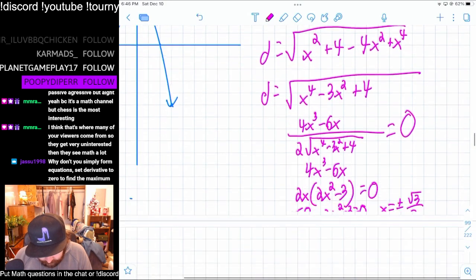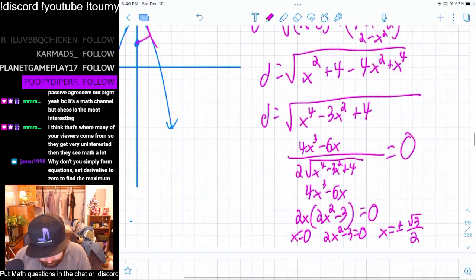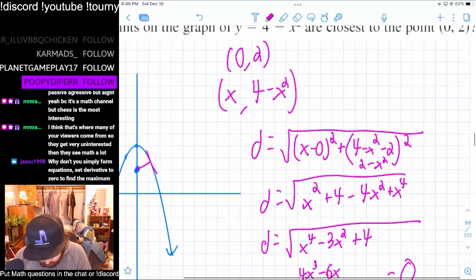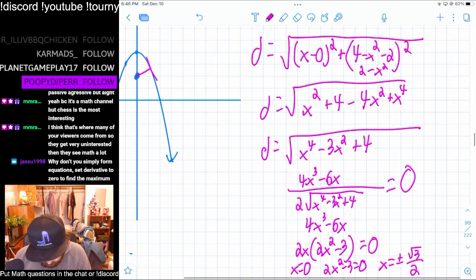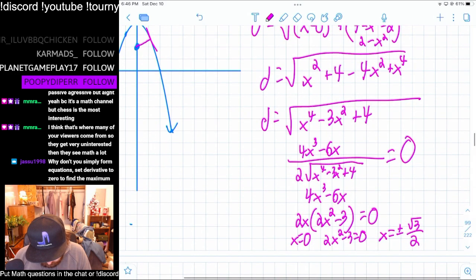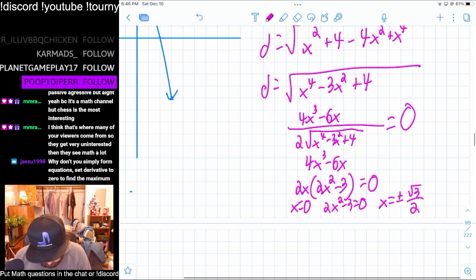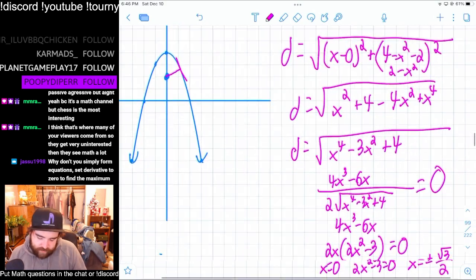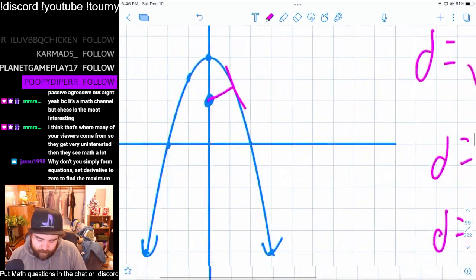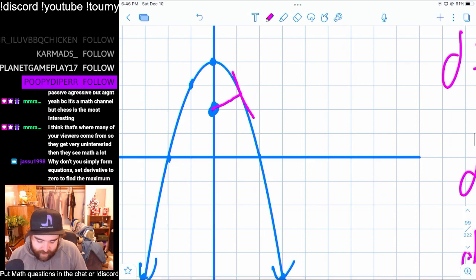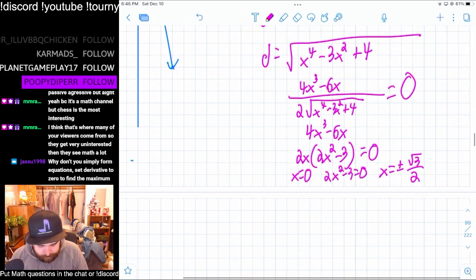But why do we also get that x equals 0? Oh, is that a maximum? Because that's a maximum distance.